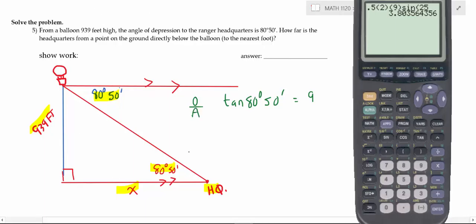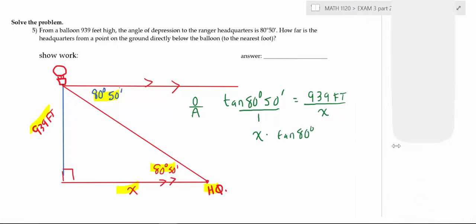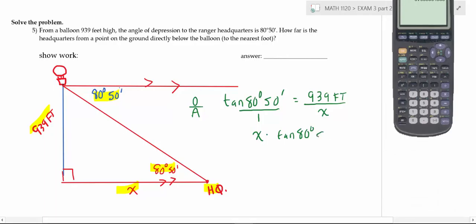Opposite over adjacent, so we have 939 feet all over x. We can cross multiply, so x times the tangent of 80 degrees 50 minutes is equal to 939 feet. Then we divide both sides by the tangent of 80 degrees 50 minutes.